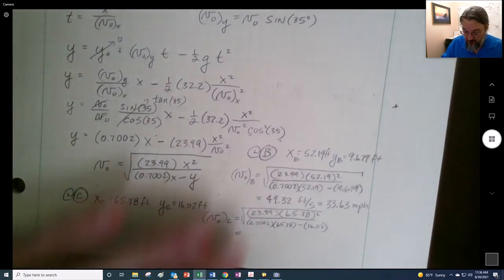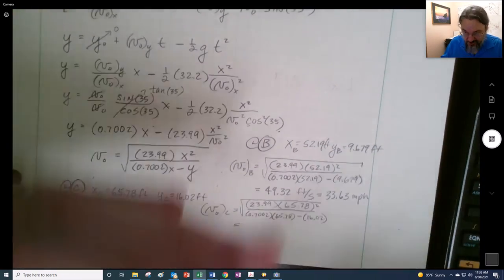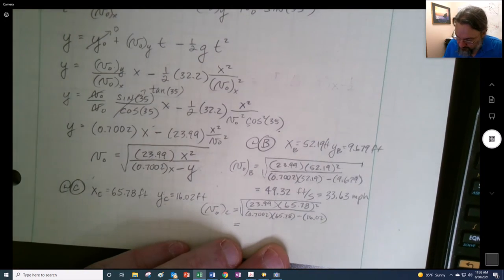Gonna have just enough paper, I guess. Should have scrunched it up a little bit more near the top. Plan this out some, but oh well. 65.78 squared times that 23.99, and I have 0.7002, 65.78 times, subtract out 16.02, divide and square root.